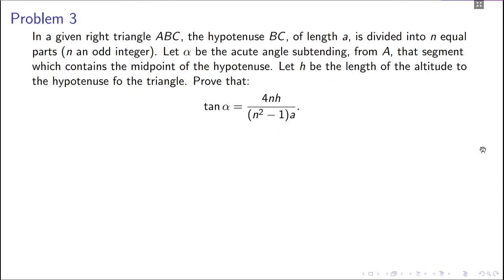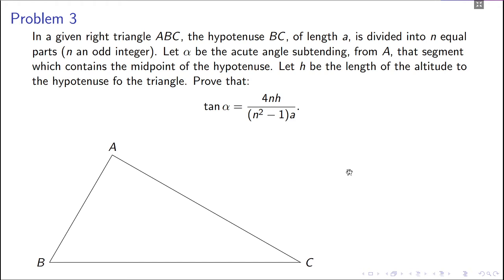There is a triangle ABC, right angled at A, and the hypotenuse is BC, of length a, and the hypotenuse is divided into n equal parts, where n is odd. Alpha is the acute angle subtended from A by the segment which contains the midpoint of the hypotenuse.